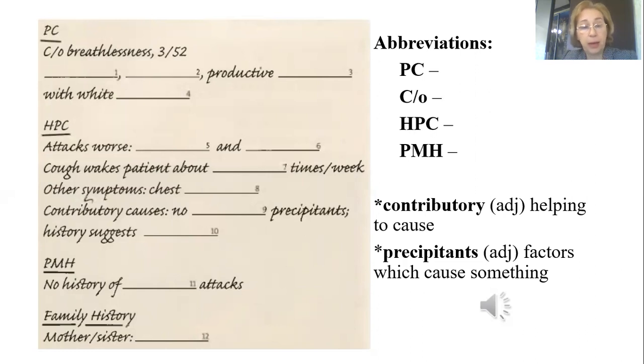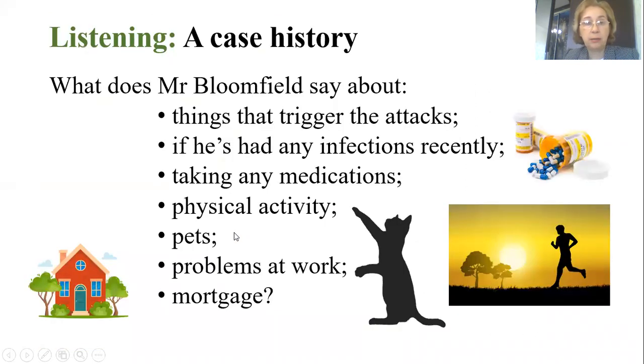As for 11, no history of previous attacks. That was said before, we should just write it here. And good. And if we answer these questions, is Aisha here? Yes, Aisha? Yes, Doctor, here.